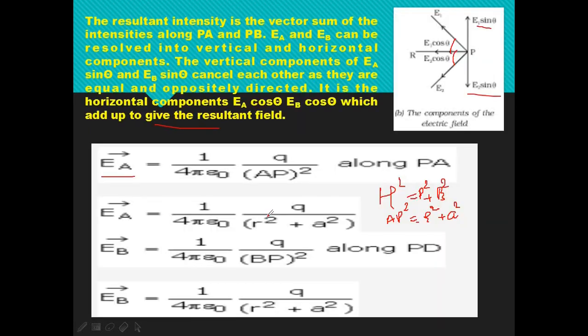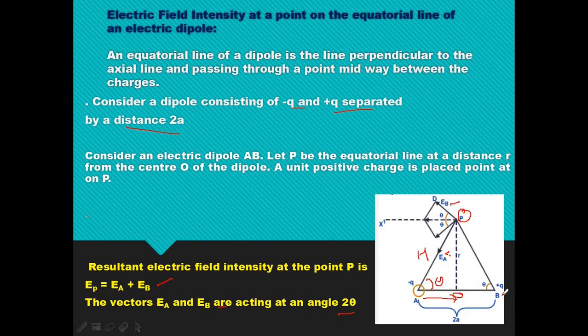Now see the diagram. This is BP, this is also h, the hypotenuse. We find the value of h square is equal to base square plus perpendicular square, that is, r square plus a square.